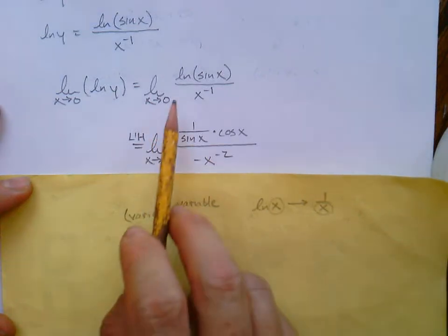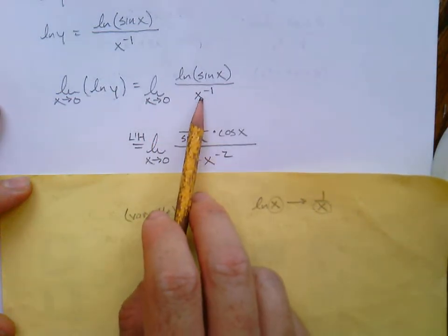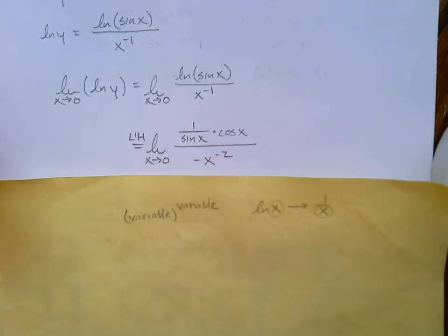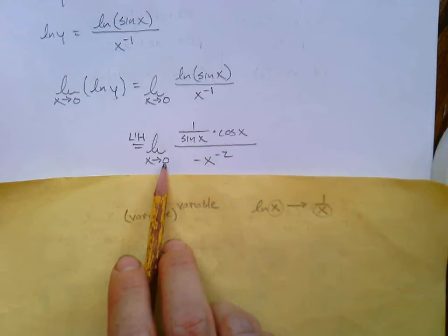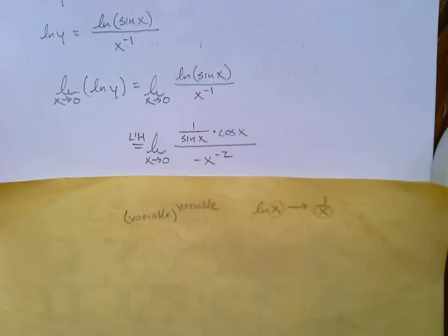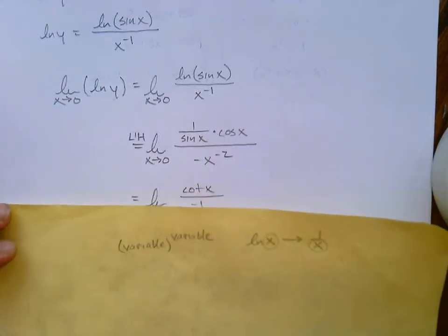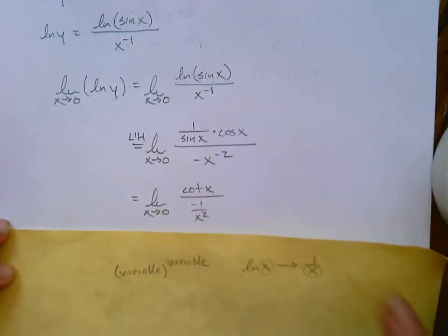The denominator, x to the negative 1, well, that derivative would be negative x to the negative 2. Looking good so far. Okay, now, of course, our goal is to plug in that 0 and hope that we get an answer. But we don't want to do that yet. We want to simplify this first, because you never know.